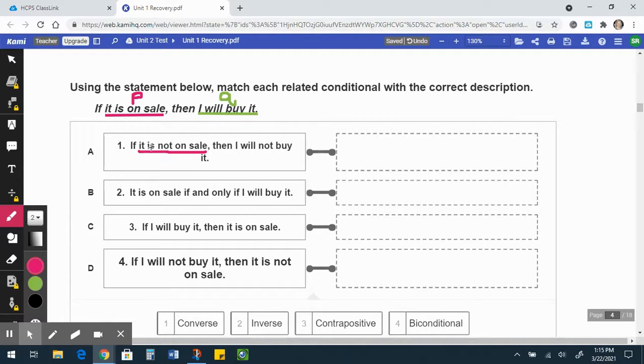This one says it is not on sale. That is negated P. I will not buy it relates to the original Q. We have to decide, is it perfect Q or is it negated Q? I will buy it. I will not buy it. That's negated Q.